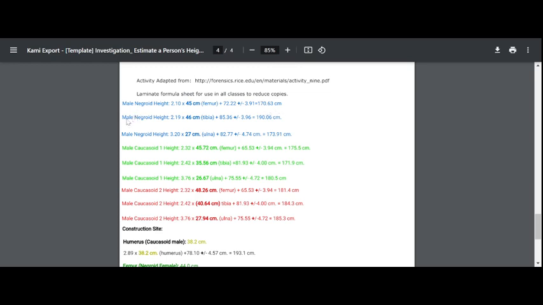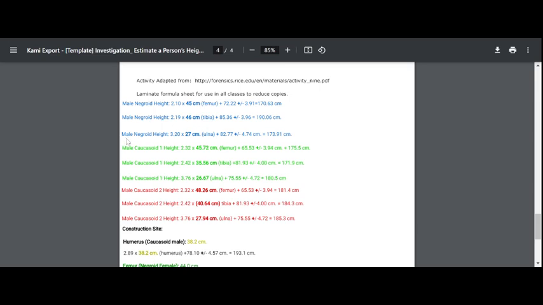Okay, and then for the second equation, for the male Negroid height, we're going to use 2.19 times 46 centimeters for the tibia. Remember, 46 centimeters is the measurement for the tibia, plus 85.36, and then remember it's plus or minus 3.96. In this case, I'm adding 3.96, and that's 190.06 centimeters.